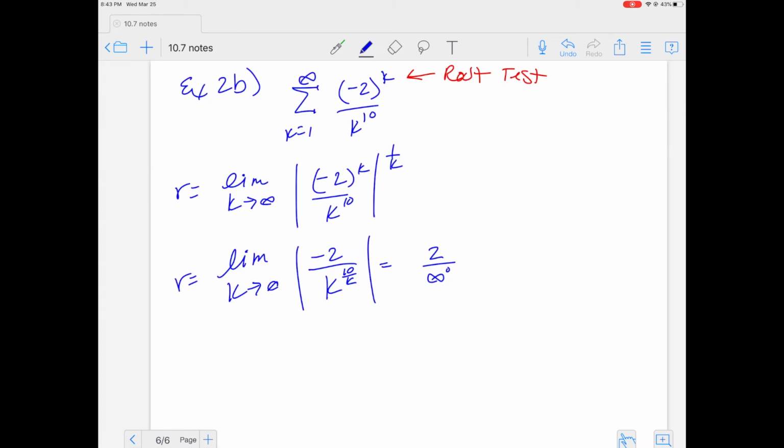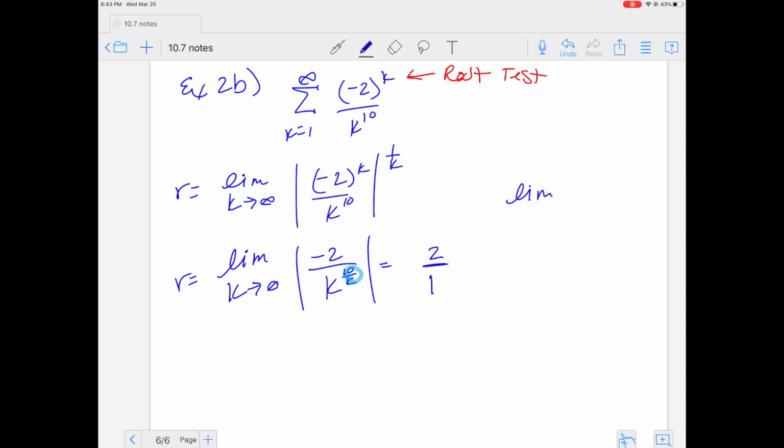But if I'm having this, anything to this 0 power, because it's only in the denominator, do you see what's happening there? Because this is only to the denominator, as k goes to infinity, my whole denominator here is going to this 0 power. So this is like to the 0 power. So anything to the 0 power is going to give me what? 1.